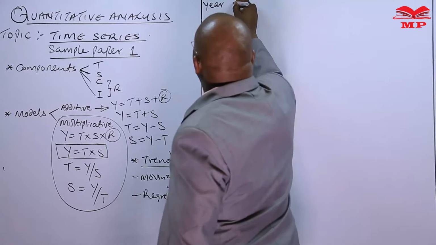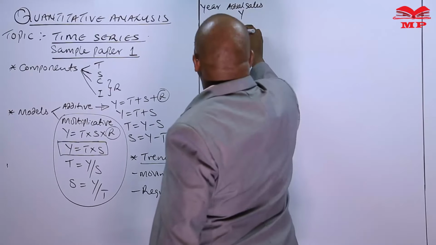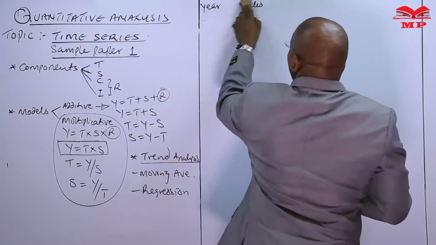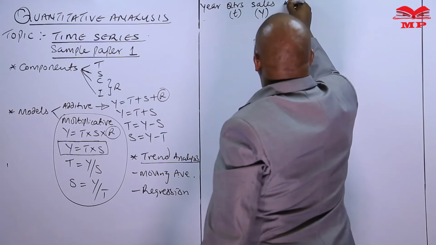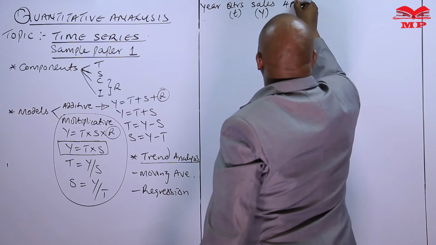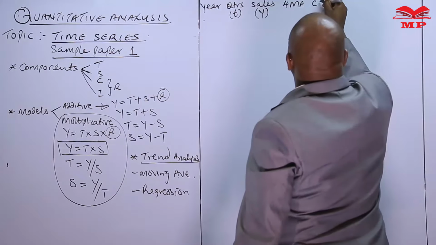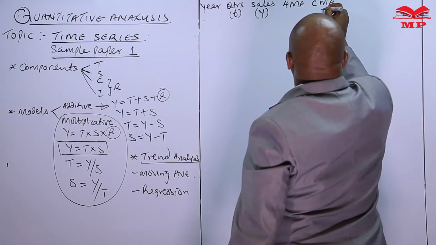Then we have the quarters, which is our T. We have the sales, this is actual sales, which is our Y. We have the 4-quarter moving average, because we have 4 quarters. We have the centered moving average, which is our trend.